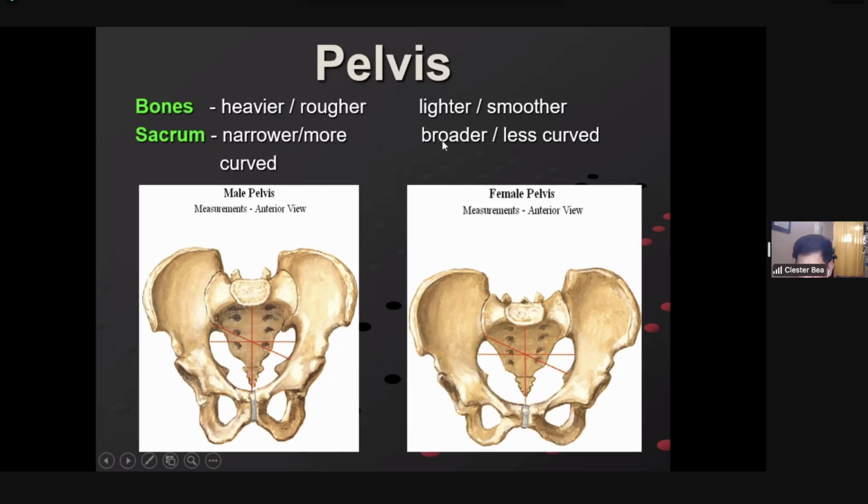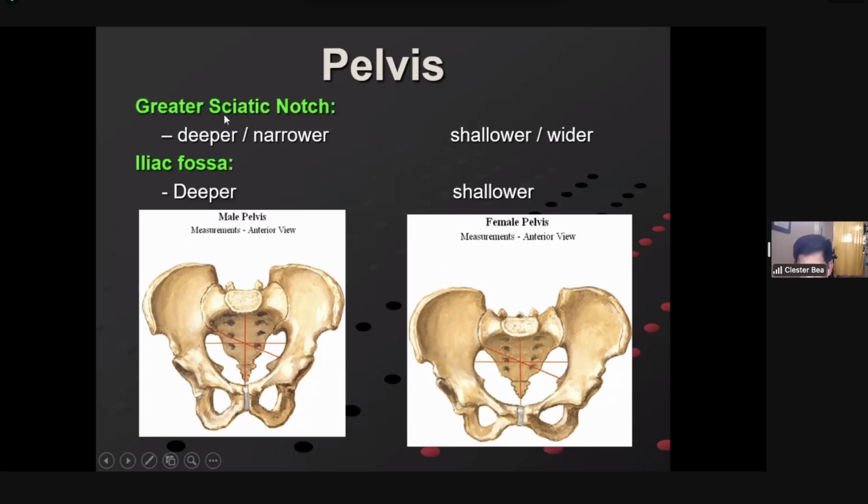It's narrower, as it would be broader in the female. Your greater sciatic notch in the male would be deeper and narrower, shallower and wider in the female. The iliac fossa is deeper in the male, but the iliac fossa is still in the false pelvis, even if it's shallower in the female.